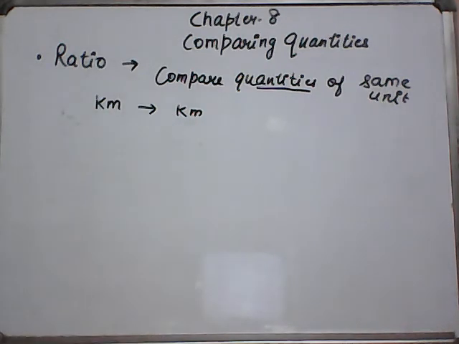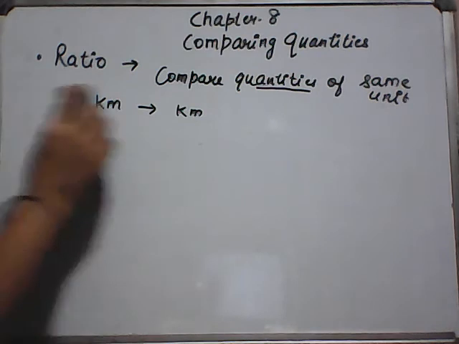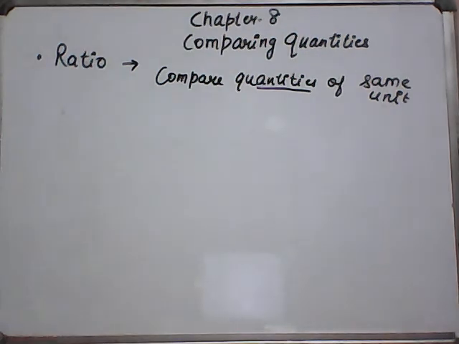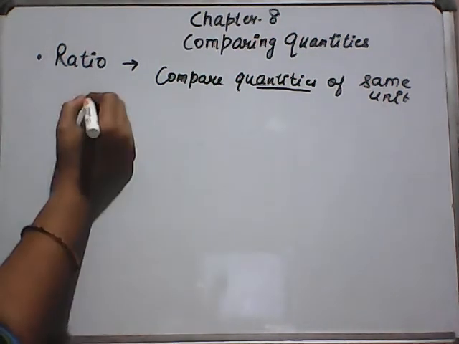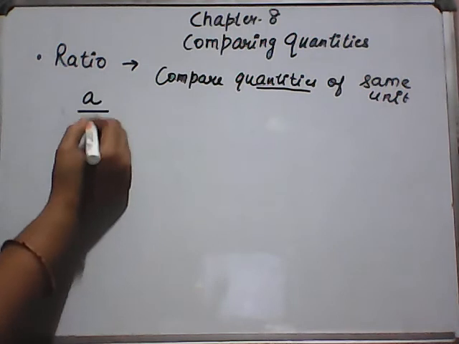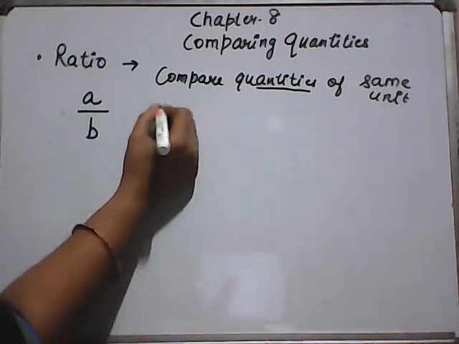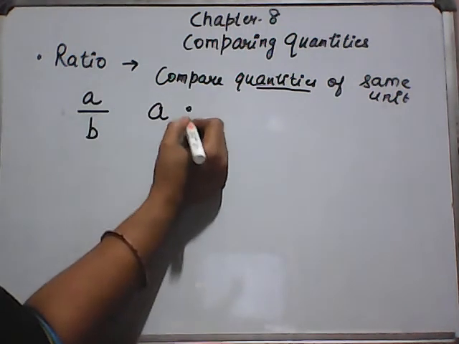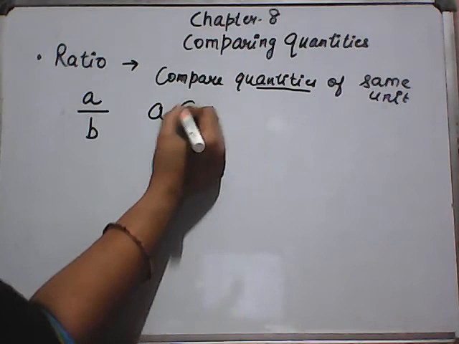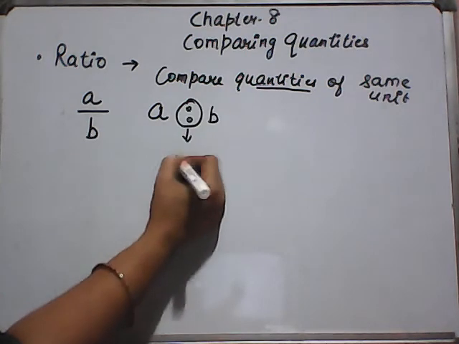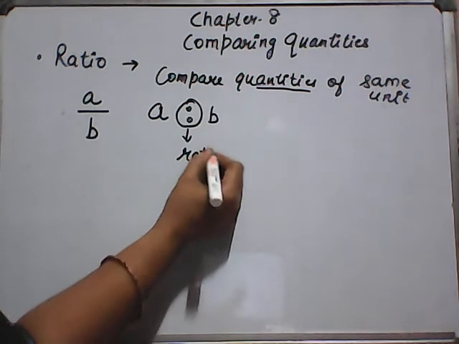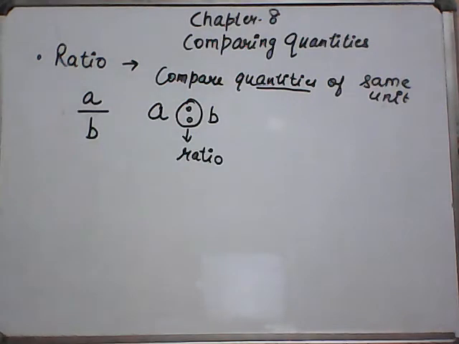We can define ratio in terms of same unit. The ratio of two like fractions A and B can be denoted as A ratio B. Here this is the symbol of ratio.